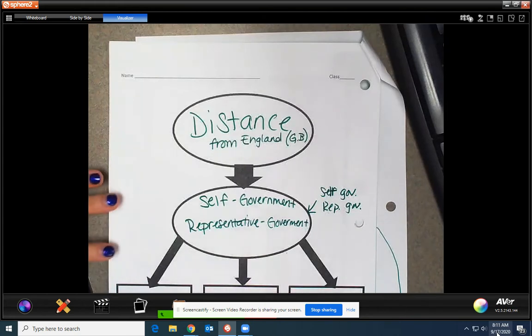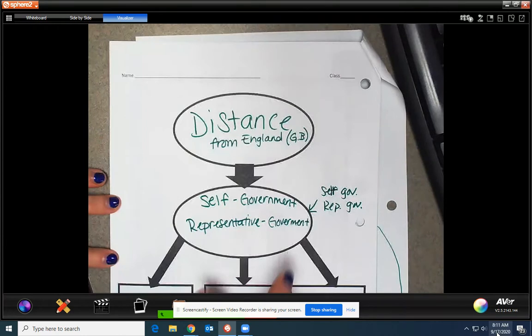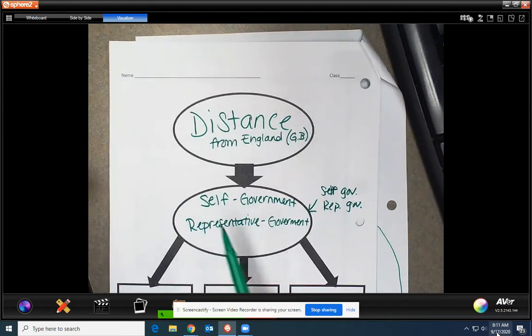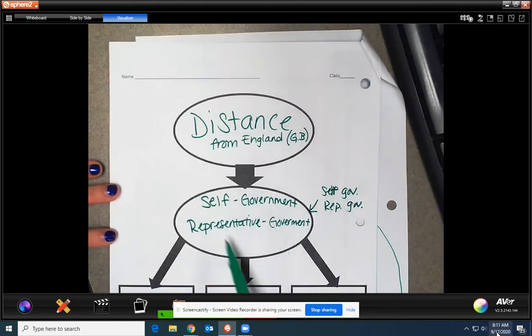Okay. All right, so distance from Great Britain, self-government, representative government. That's what they're going to do. Sometimes these overlap because if you have a representative government, you're governing yourself. Obviously, a group of people within one country. But sometimes if you're just a self-government, you may not have representatives. You may all be part of the government, but that's not logical.